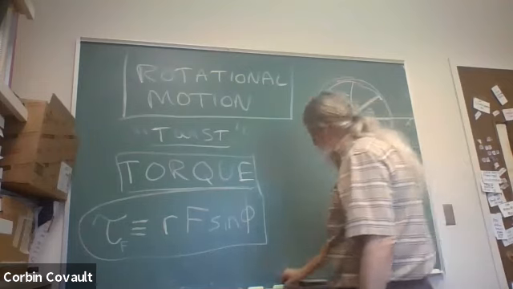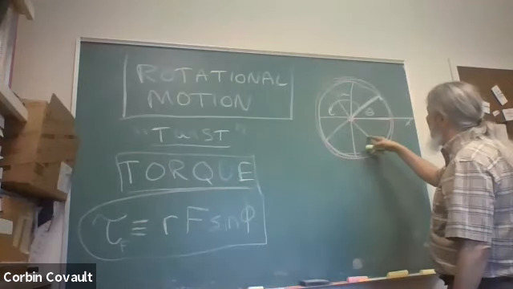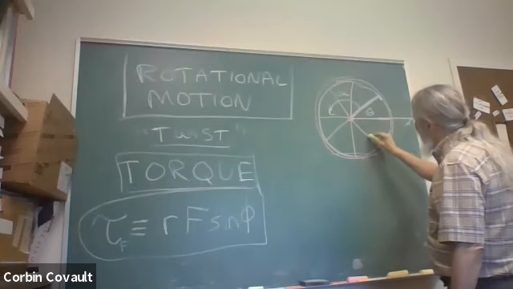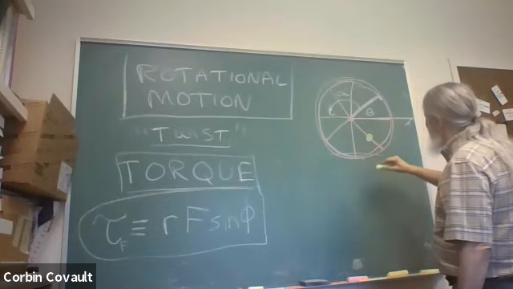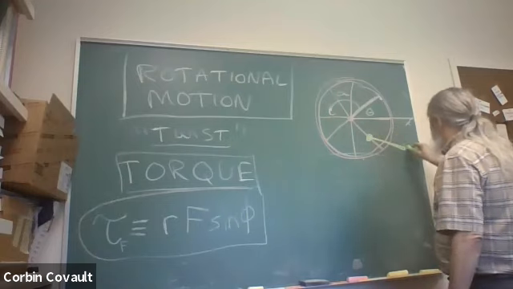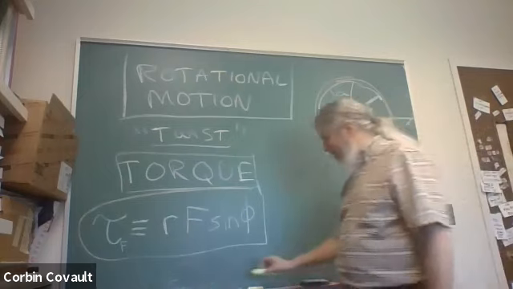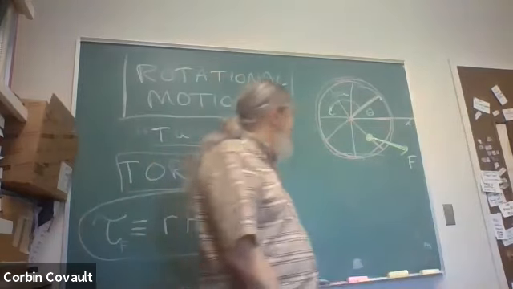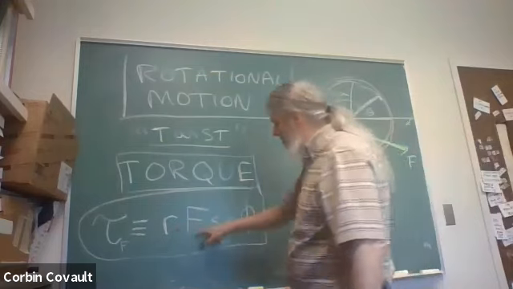Suppose I come along and at this particular location, right here, I apply, with my fingers, some force that goes off in this direction. So that's a force, right? I can ask the question, what is the torque that results from that force? And the answer is that this equation tells you what the torque is.